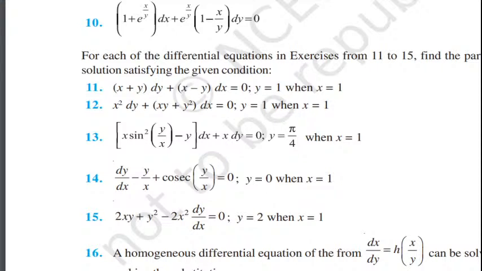And y is equal to 5 by 4, x equal to 1. Check on the board I have written correct. Yes, sir. Okay, let us begin.